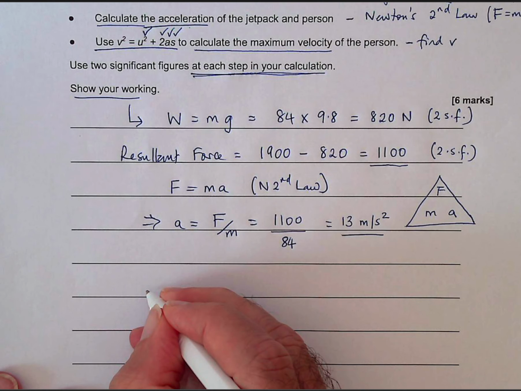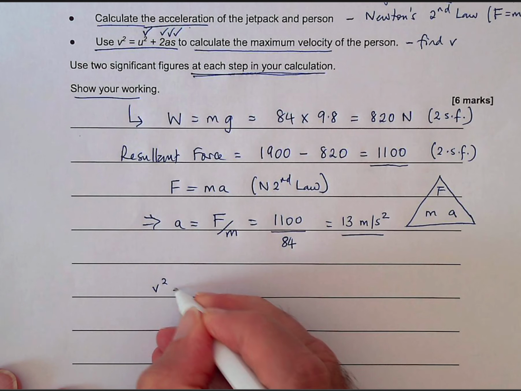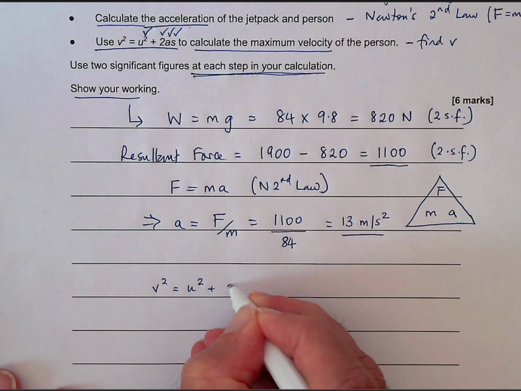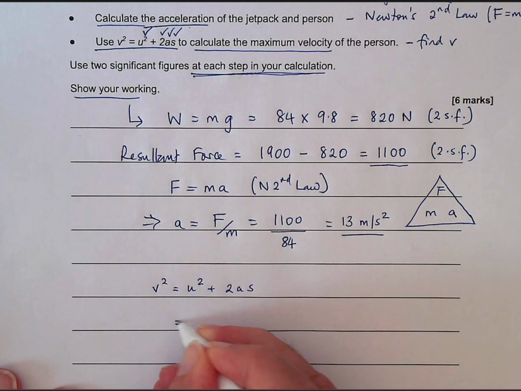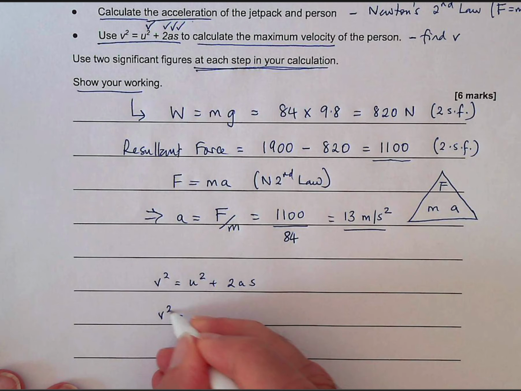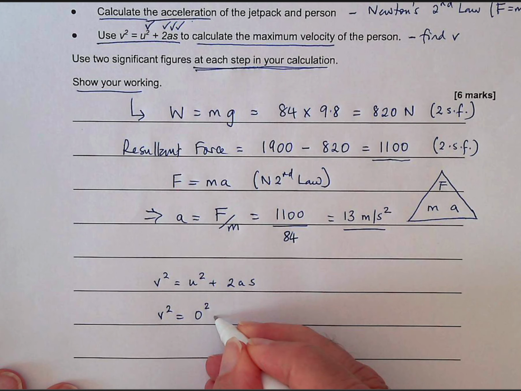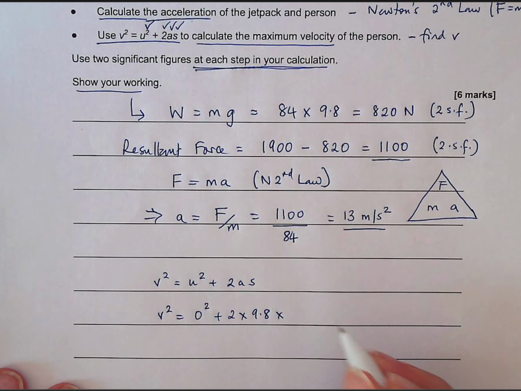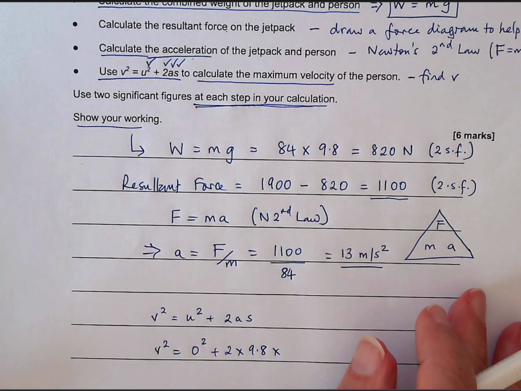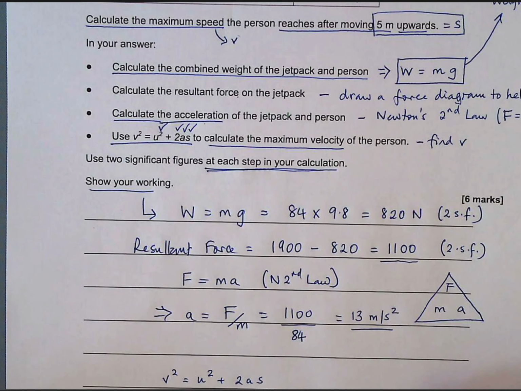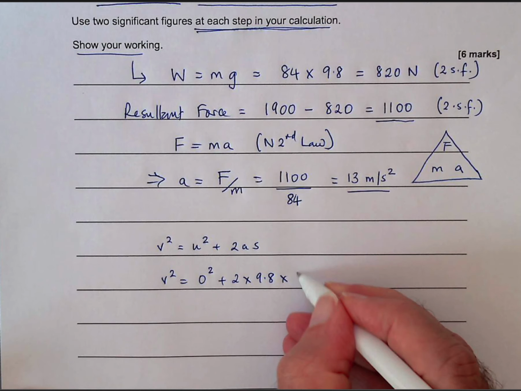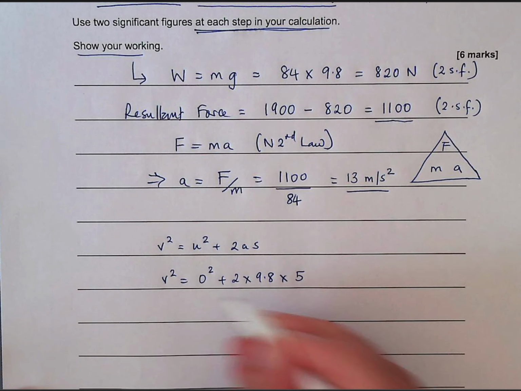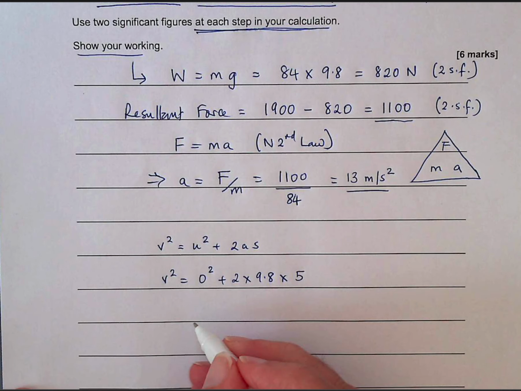So we have to use v squared equals u squared plus 2as, and that's equal to 0 squared plus 2 times 9.8 times s, which in the question above is given as 5 meters. So you multiply that by 5, and it's as simple as that.